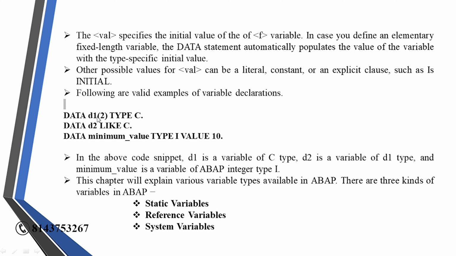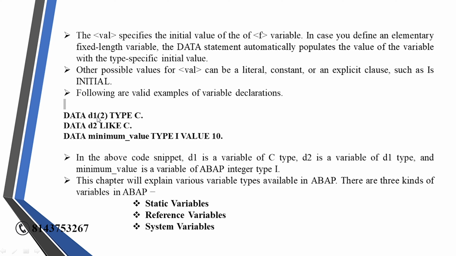So that is the difference between TYPE and LIKE. TYPE refers to an existing data type, and LIKE defines a variable with an existing variable.